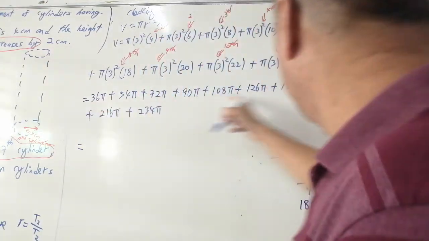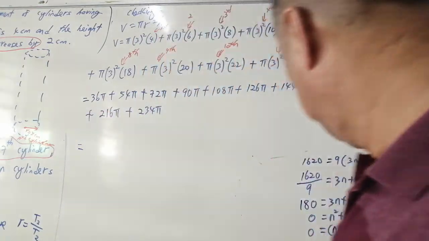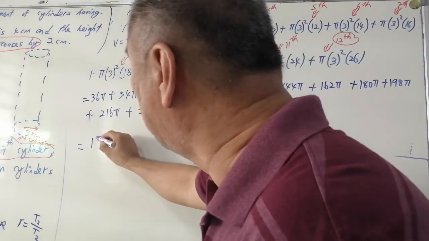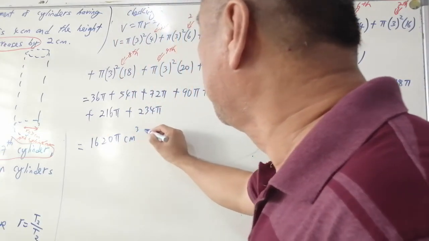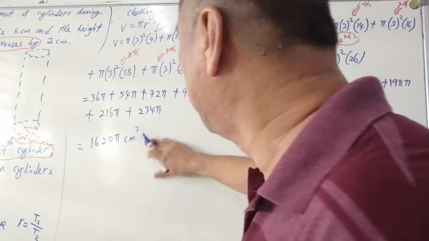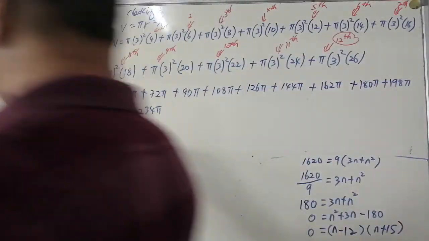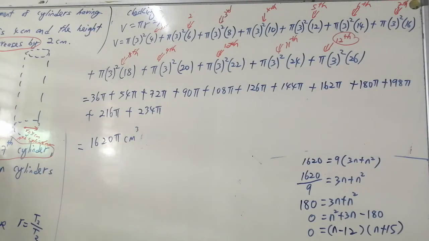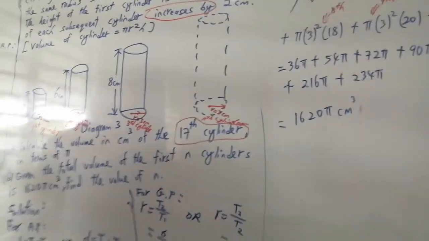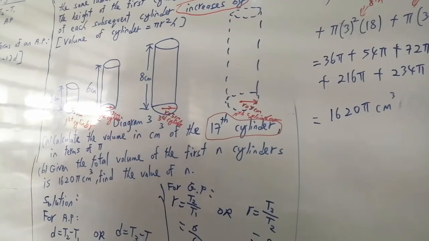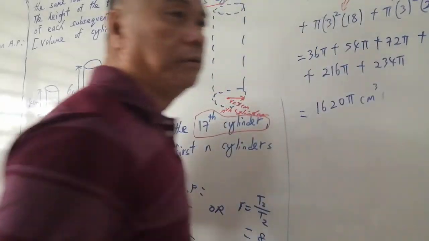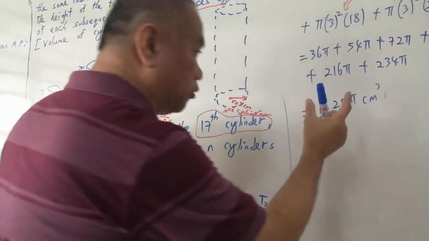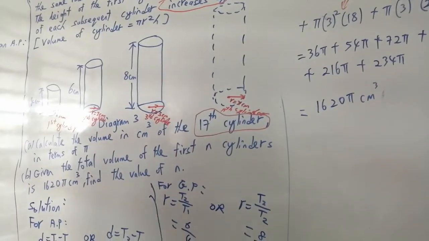When you sum up everything here, your answer should be equal to 1620 pi centimeter cube. So how many cylinders do they need? Total 12 cylinders. You add up together, you should obtain your total volume, 1620 pi.